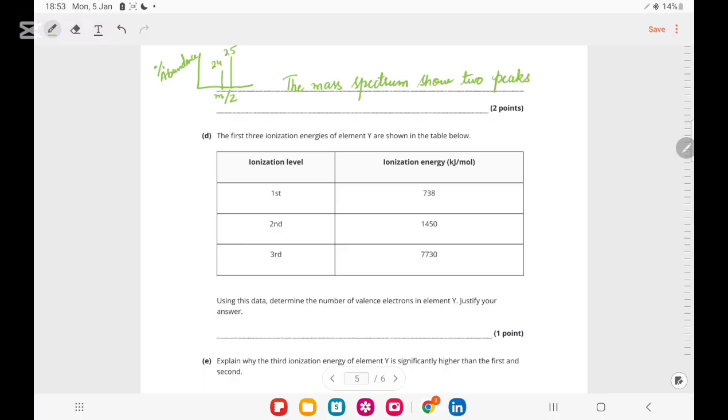You can see they have two peaks there, two peaks for Y atoms at m by z equal to 24 and 25 with relative abundance on the y-axis.